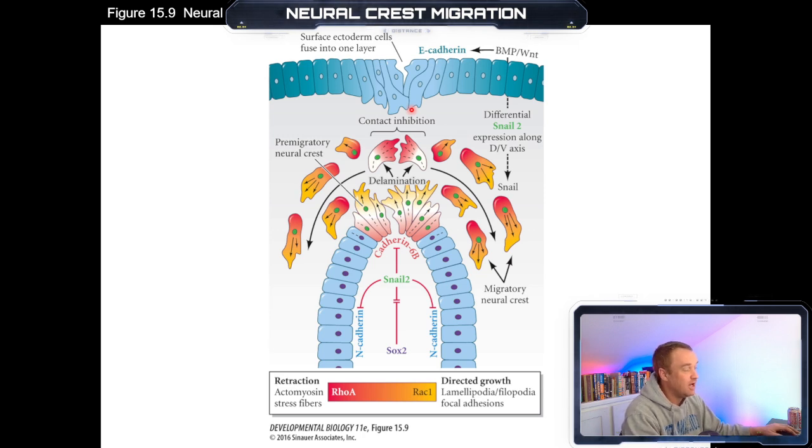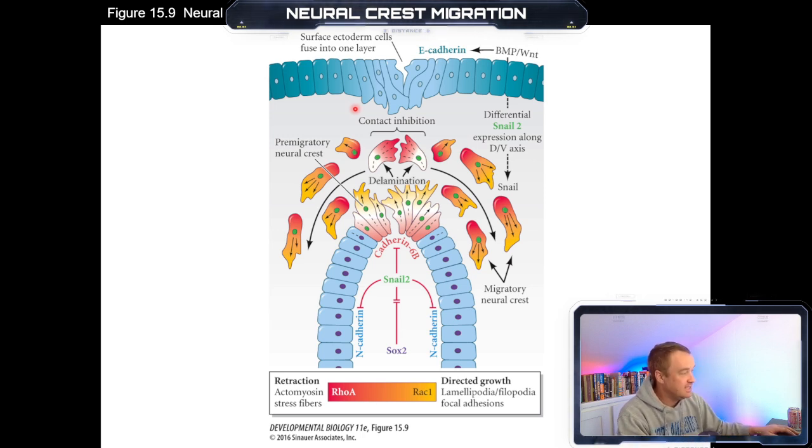Remember, what's causing them to not stick together, or to stick only to their specific partners, are these cadherins, right? So you can see here we have cadherin 6B, N-cadherin, and E-cadherin over here. Those are going to make it so those only stick to each other. And the E-cadherin up here makes it so this tube and this separate, right? Because they're not going to want to stick to them.